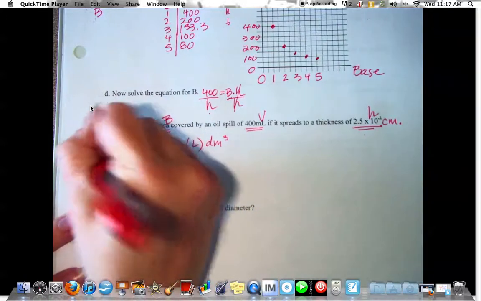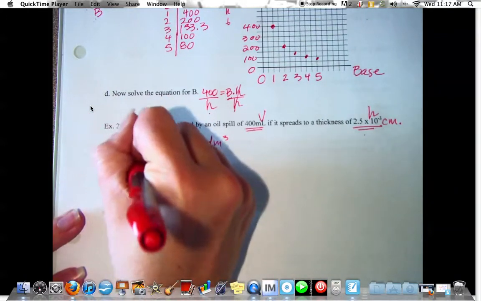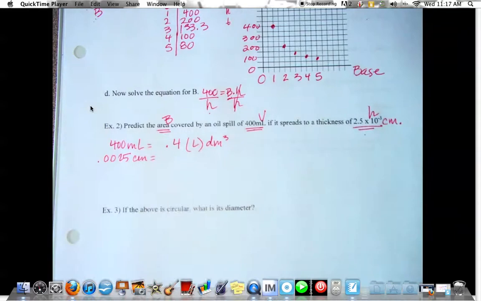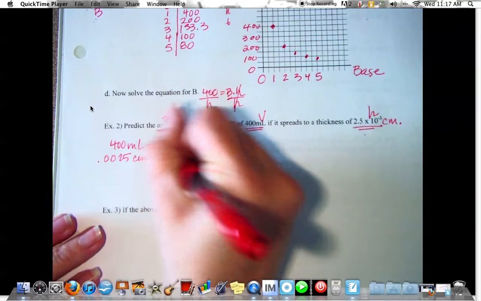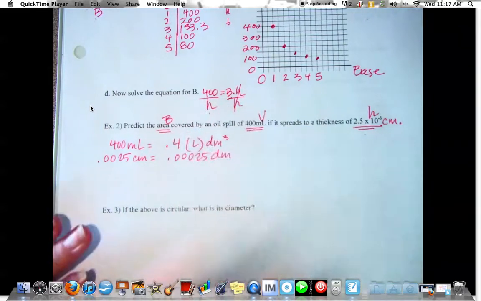We have 0.0025 centimeters, which is equivalent to 0.00025 decimeters.